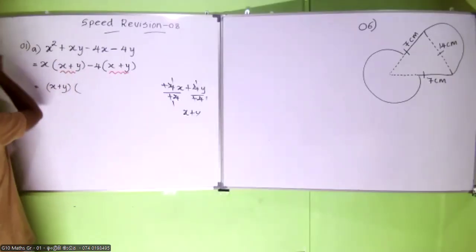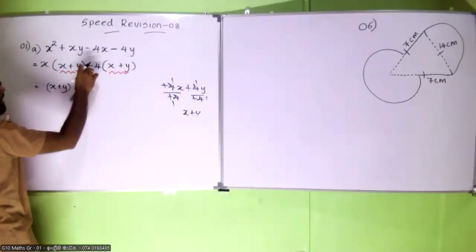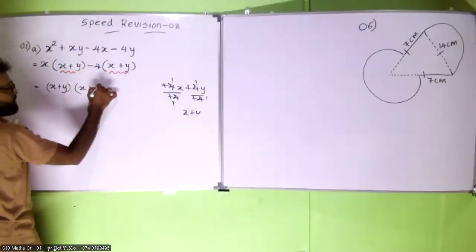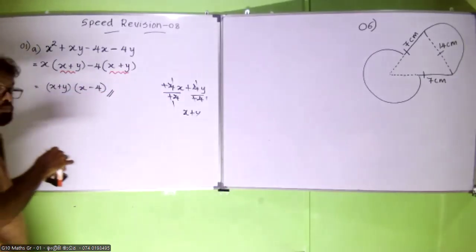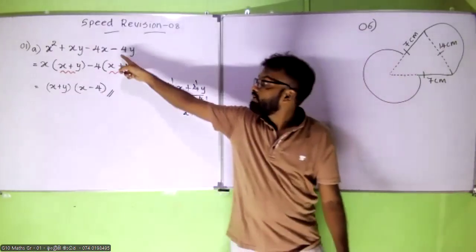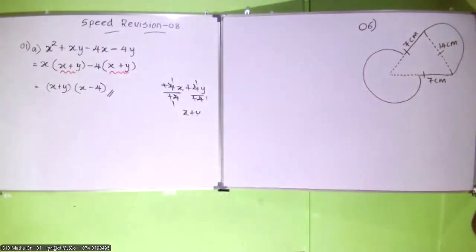Here, if you take this apple, then the rest of the term is x. Then if you take this apple out of here, minus 4. That is the rest. So this is the answer, right? Sorry, previously I have made a little bit of a mistake here. This should be minus. Sorry for that. Please make sure that you have that correction.